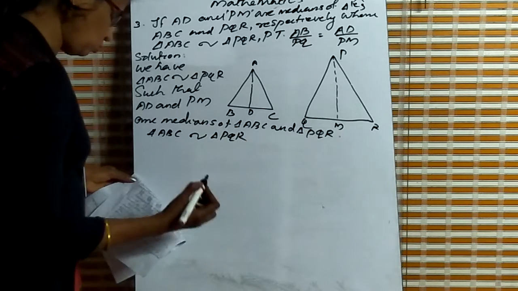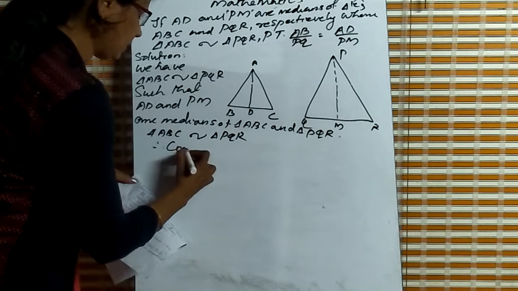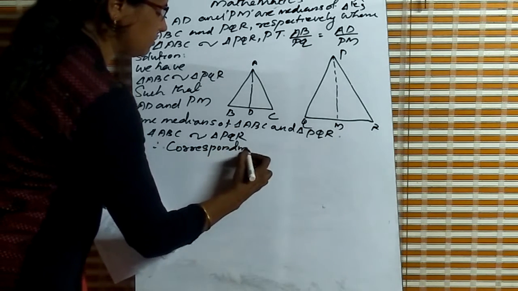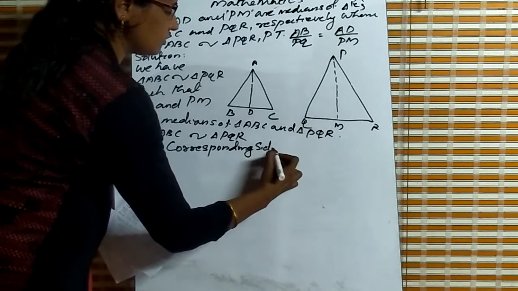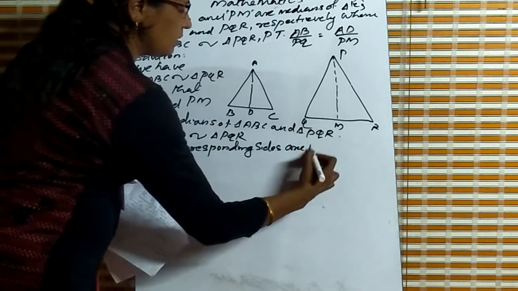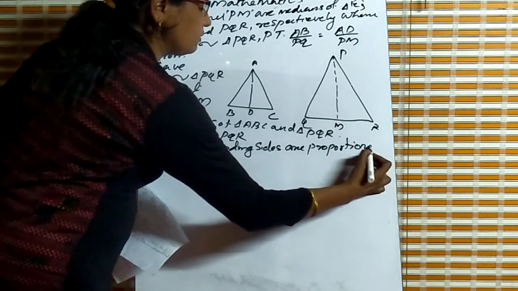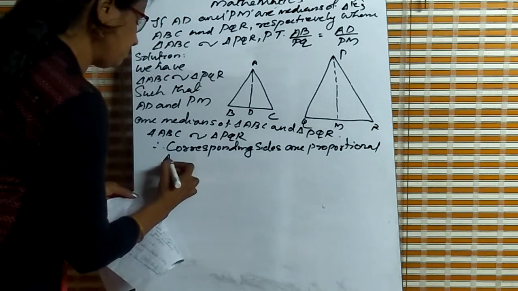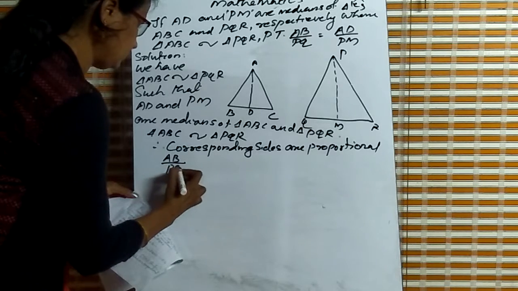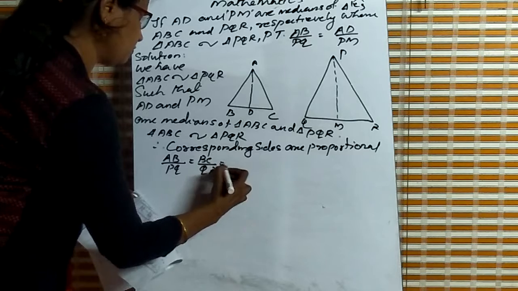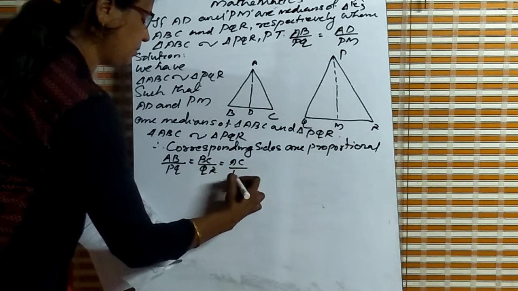Therefore, its corresponding sides are proportional. So, which are the corresponding sides? AB by PQ is equal to BC by QR is equal to AC by PR.